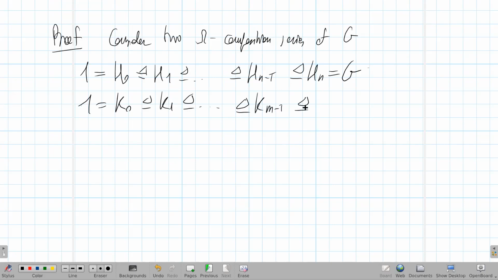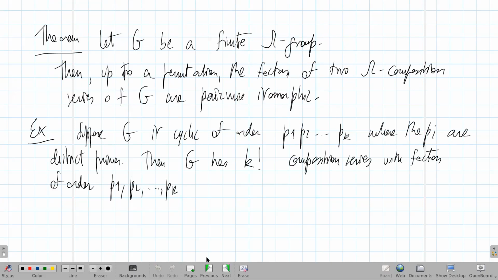This is something I forgot to say in the statement. Let's go back. I cannot exclude in principle that the two composition series have different lengths. So let's go back to this. Then the two series have the same length. I've added this because otherwise I cannot speak of a permutation.